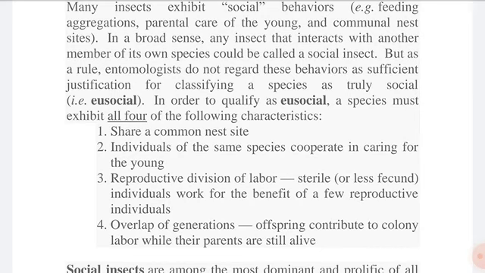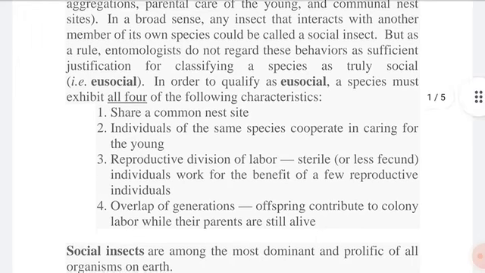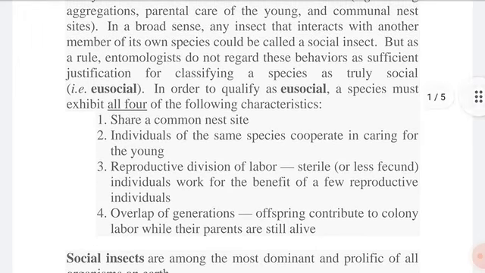that should be in any social insect. The very first is sharing a common nest site. All the insects have to share a common nest site. Second, individuals of the same species cooperate in caring for the young.